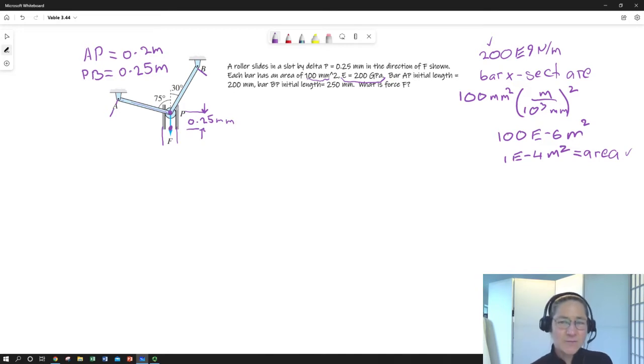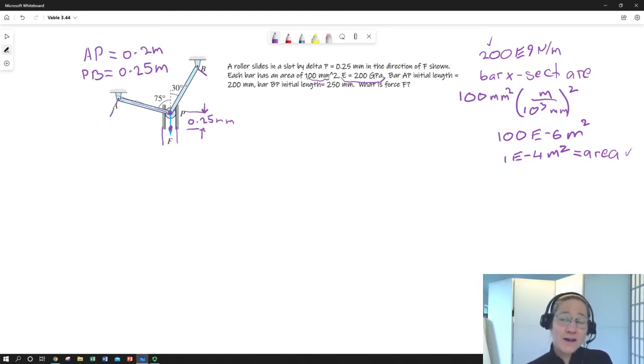We have materials, we have modulus, we have cross-sectional area, we have displacement. And so we need to know what the resultant strain is in these bars, from which we can use the modulus to get the stress and the force, and then we can go back and do an FBD with those forces about point P and get the net downward force.